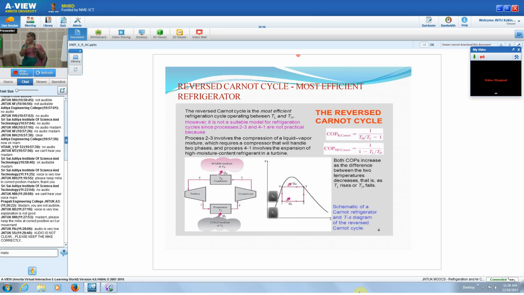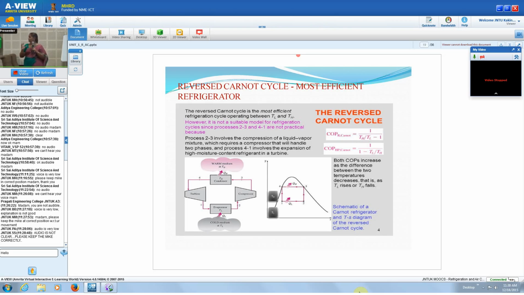If TH is greater than the atmospheric temperature, only then can heat be rejected into the atmosphere. So we cannot reduce the refrigerant at 1 below 0 degrees centigrade, and we also cannot take 2 at a temperature below the atmospheric temperature.